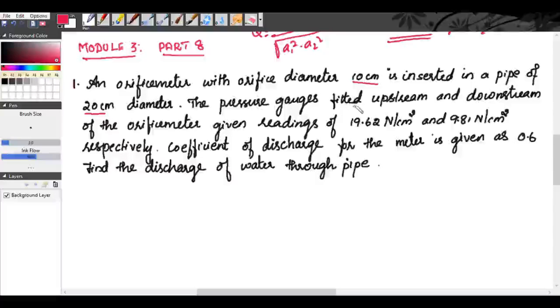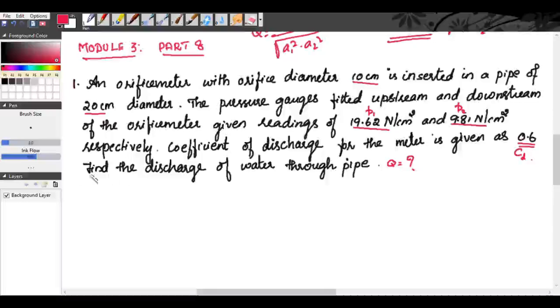The pressure gauges fitted upstream and downstream of the orifice meter give readings of 19.62 Newton per centimeter square and 9.81 Newton per centimeter square respectively. That means 19.62 is our intensity of pressure at section 1 and 9.81 is the intensity of pressure at section 2. The coefficient of discharge for the meter is given as 0.6. So CD is 0.6. Find the discharge of water through the pipe.